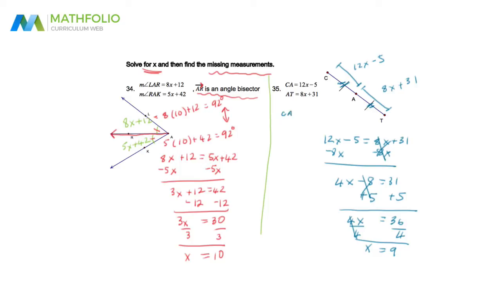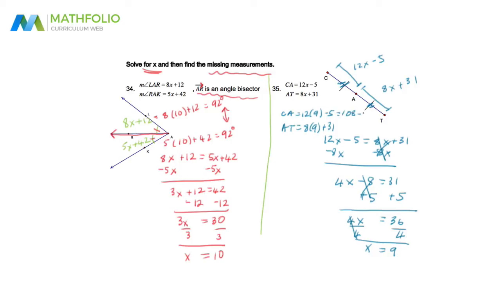So CA equals 12 times 9 minus 5, and AT equals 8 times 9 plus 31. Well, the first one, 12 nines would be, well, 10 nines are 90, and then another 2 nines are 18, so that's 108.